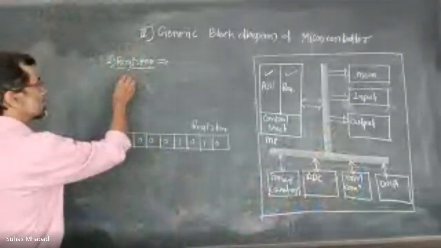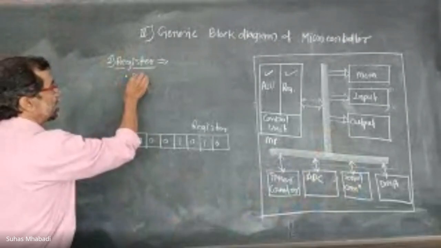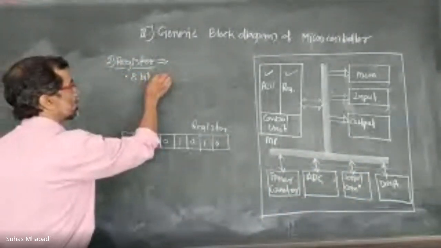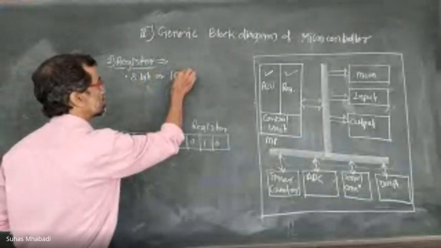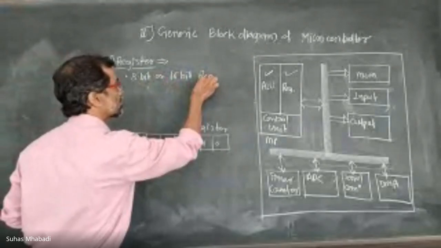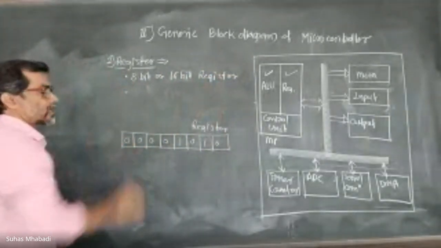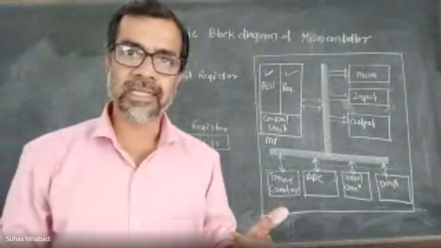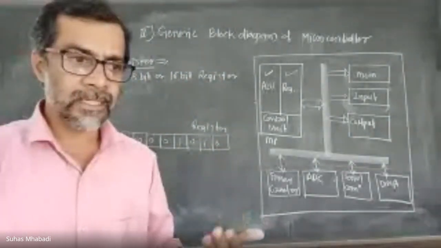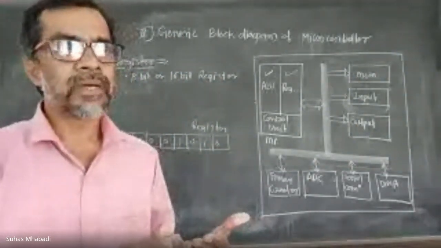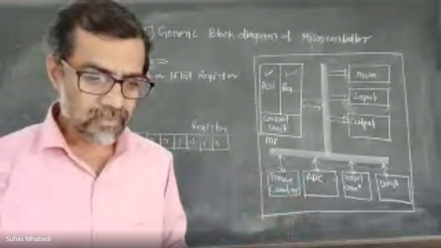So I can write this as an 8-bit or 16-bit register. It's not like a single register is there. It depends upon the variants. There will be a number of registers used.